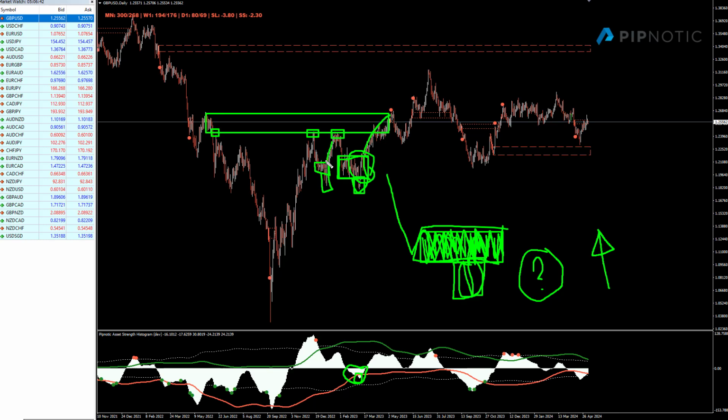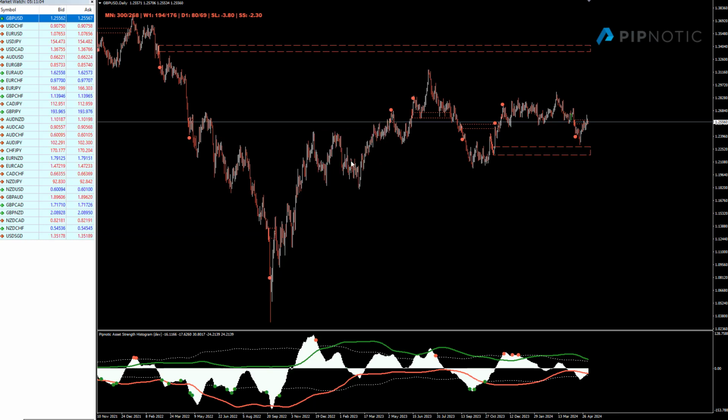So we know that this is an attractive price window for buyers. Seek liquidity, we snap back. We do the same thing, we consolidate. We seek liquidity, we snap back.